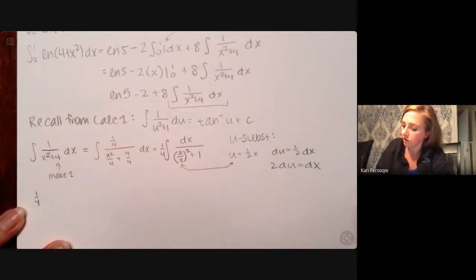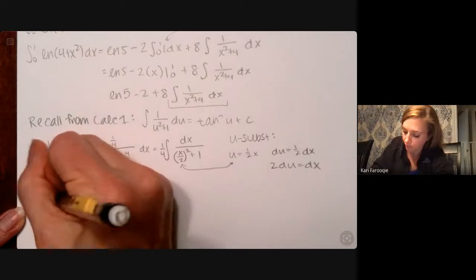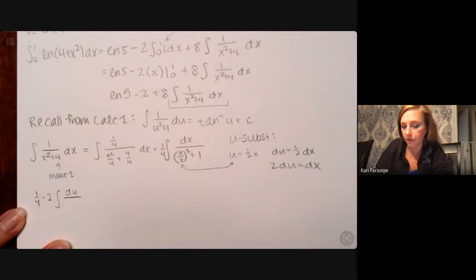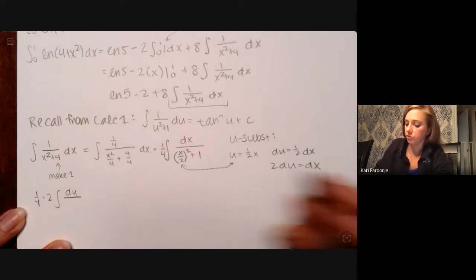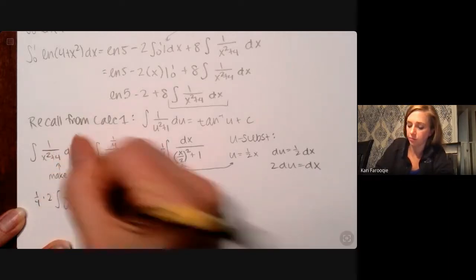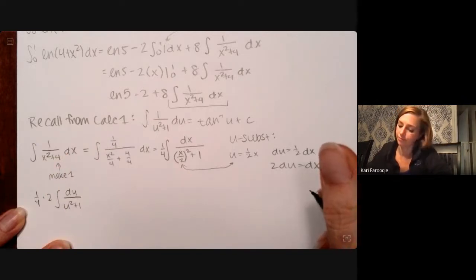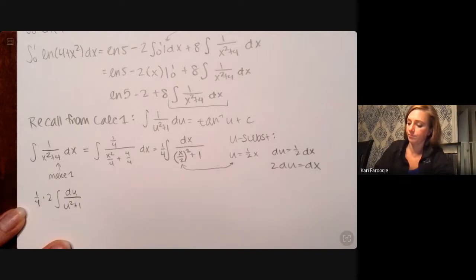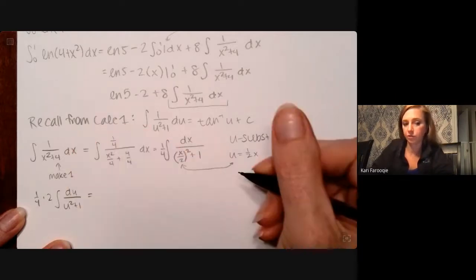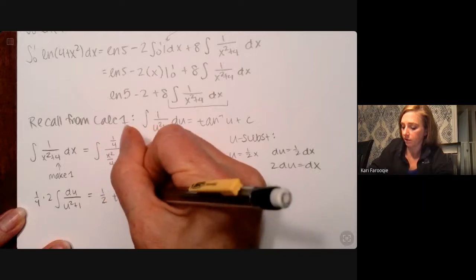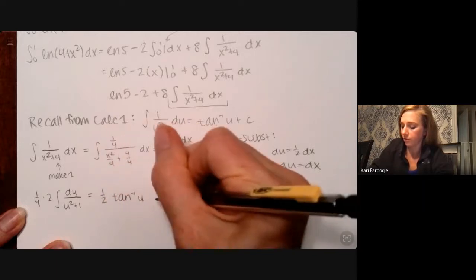We have dx is 2 du, so the 2 I'll move in front. And in the denominator, I have u squared plus 1. Two over 4 is 1/2, and then I have the inverse tangent of u.